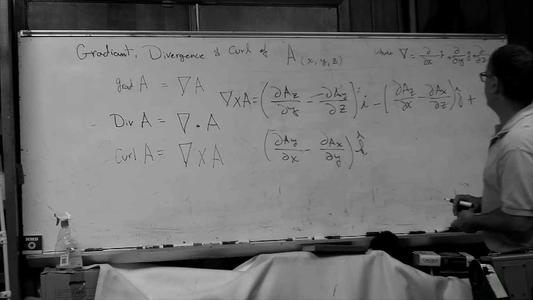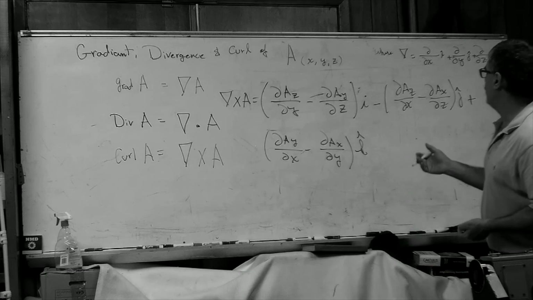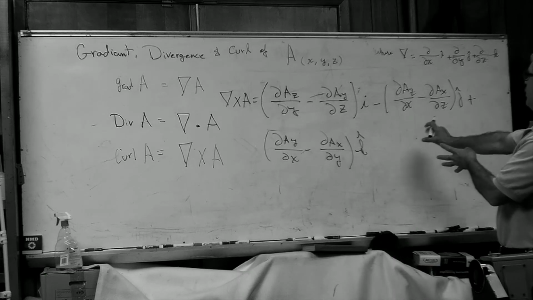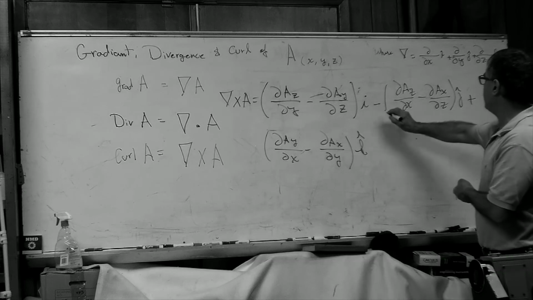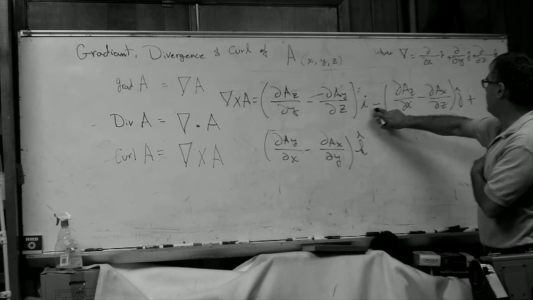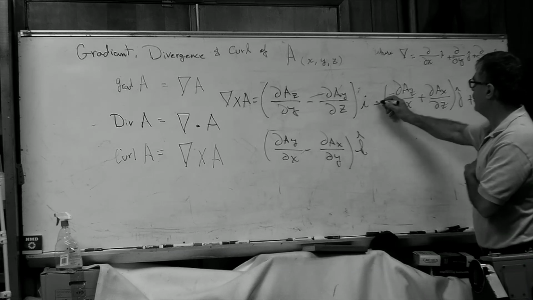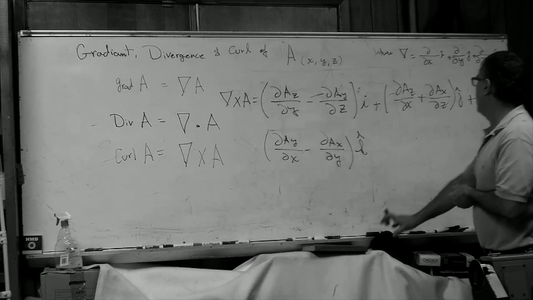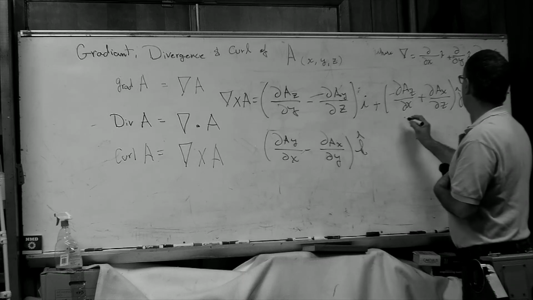Usually you might see it with a plus here. What they do is, we multiply, this will be minus, this will be plus, so they show that by plus, and they just write this reversed.